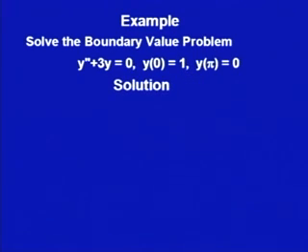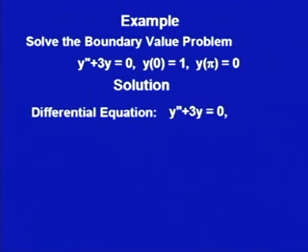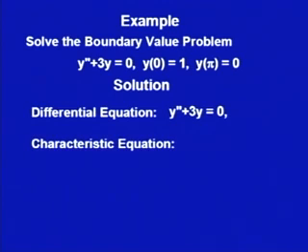Solution. We see that our differential equation y double dash plus 3 y is equal to 0 is a homogeneous linear differential equation of second order. We do remember how to solve it. We get the characteristic equation as lambda square plus 3 is equal to 0.